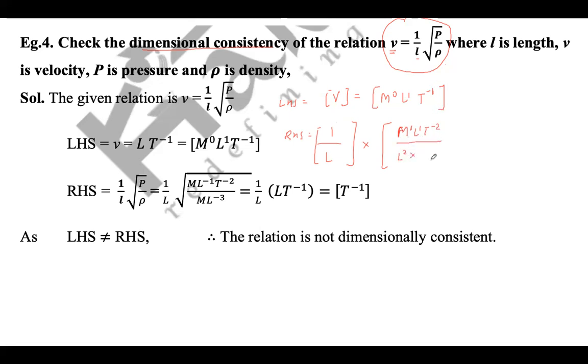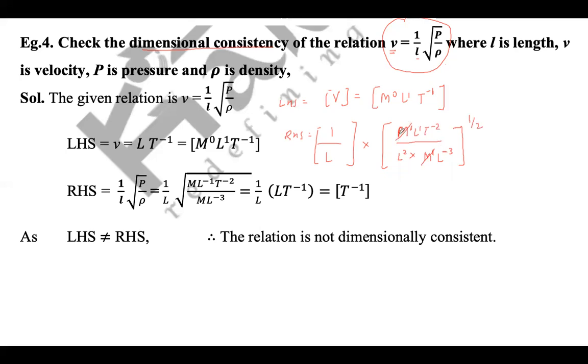Then we have density. Density is mass per unit volume, means m1 L minus 3 हो गया, raised to the power 1 by 2. सबको अब हम लोग ये देखो m1 कैंसिल हो जाएगा, इसको ऊपर लेके जाएंगे, राइट. So this will be L to the power minus 1 and this is T to the power 1, right.